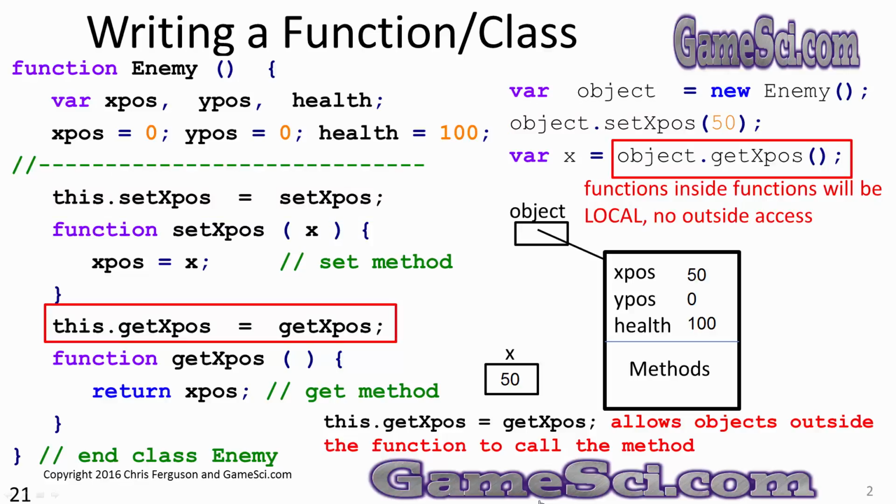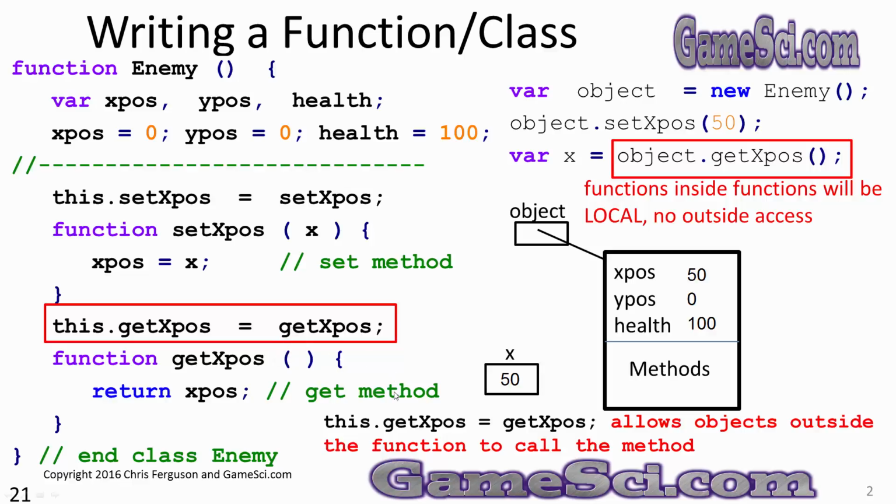Now every function or method we want to call with the object, we have to do this for. So here's a second, this.getExposition equals getExposition. What we're going to do is say I want to allow outside access to this function getExposition. This literally means this object's getExposition function should equal this local getExposition.